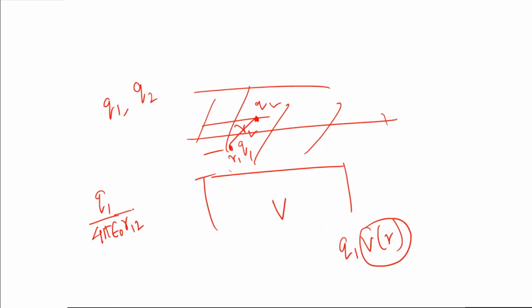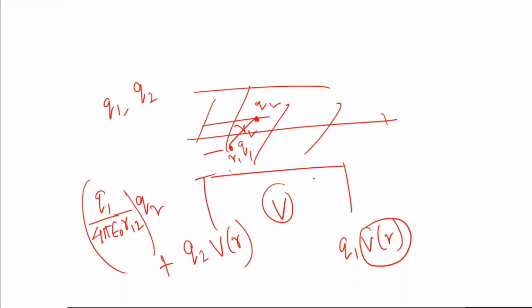So the total potential energy will be Q1 into V, then Q2 into V of R, plus Q1 Q2 divided by 4 pi epsilon naught R12, the distance between these two charges Q1 and Q2.